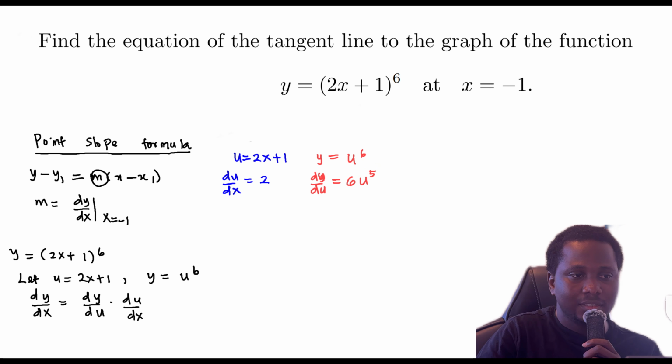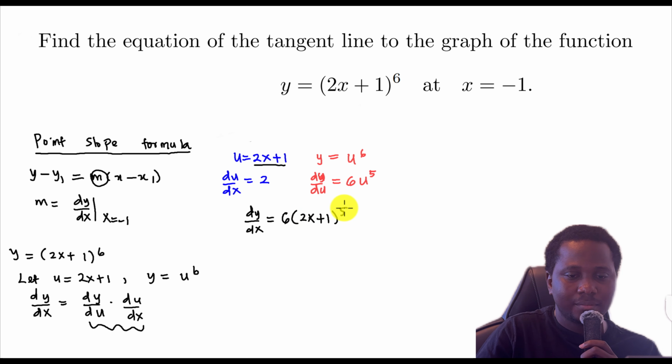So the derivative of y with respect to x, using this chain rule, is going to be dy/du, which is 6u to the power 5. Now don't forget that your u is 2x plus 1. That means if you replace it back, you have 6 times (2x plus 1) to the power of 5, and then you have du/dx. So du/dx is 2. That is the derivative of u with respect to x.